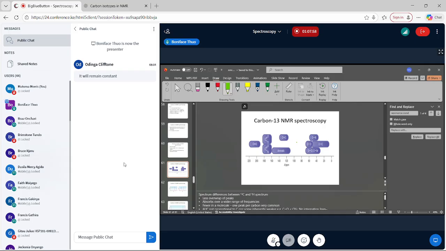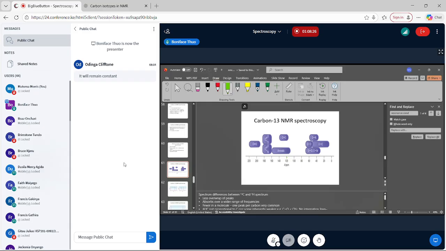Now, when you move to the unsaturated, the alkene will be almost within the aromatic region, but the aromatic region is wider because of the different possibilities. Anything above 100 is actually aromatic.